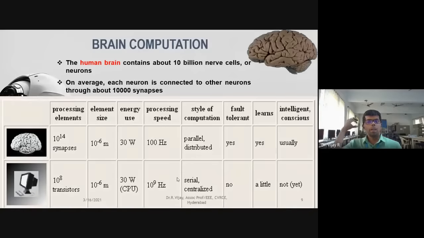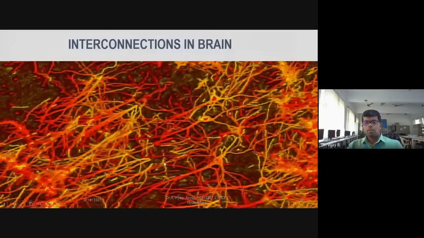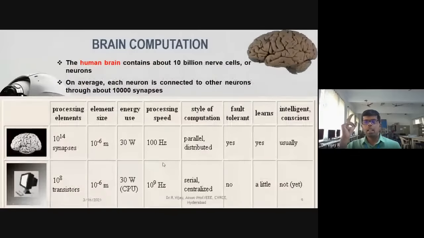If some injury happens to a particular nerve, you lose that particular memory and can't recollect. You'll lose some of your writing, some of your skills, something like that.